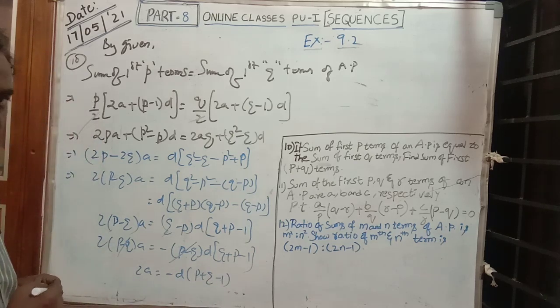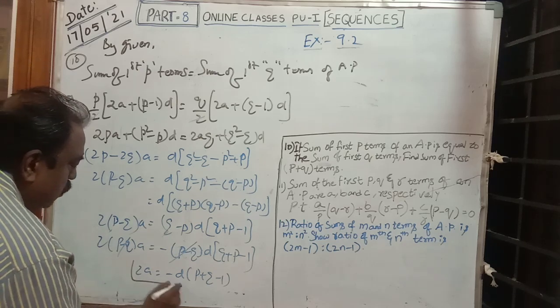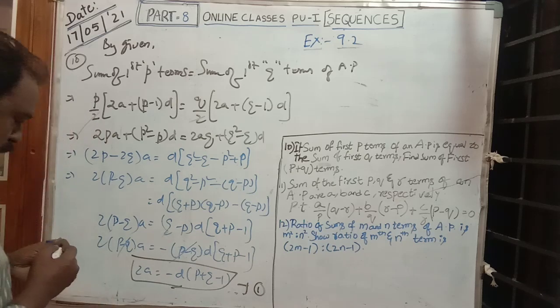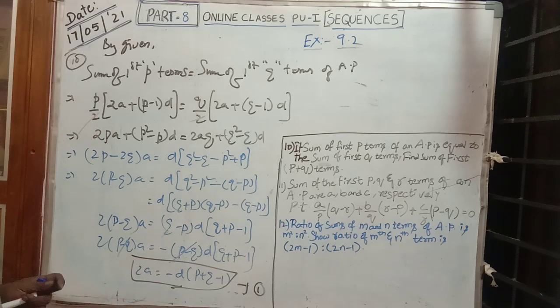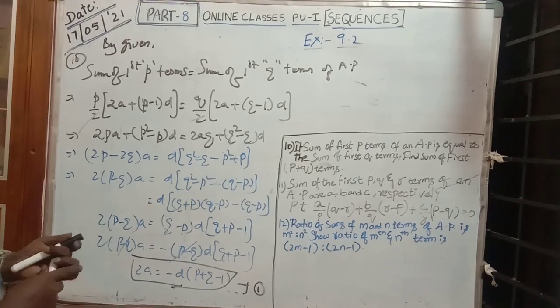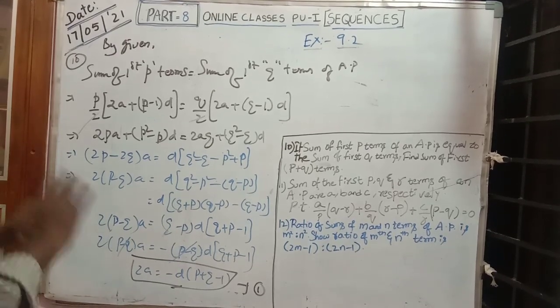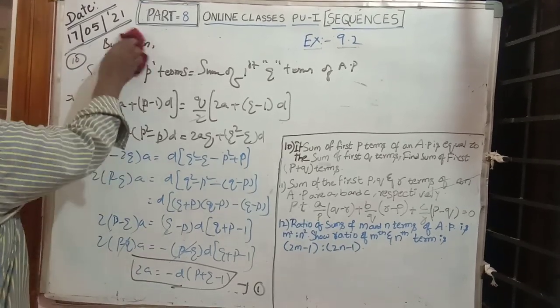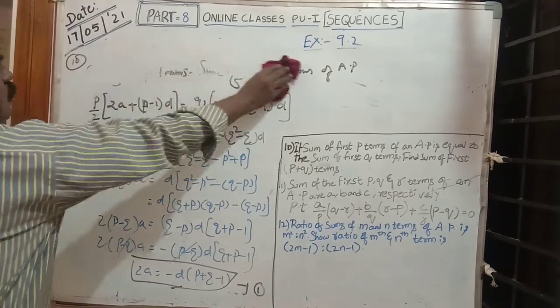So this is the 2a value. We are not asked that 2a value, but it is needed. By the given condition, we have 2a in terms of d with p and q.